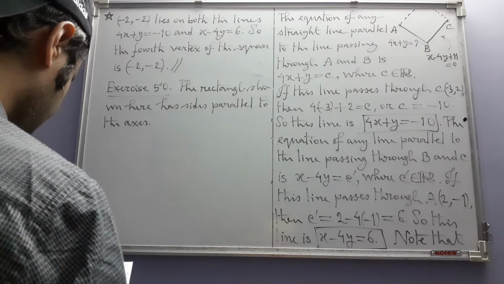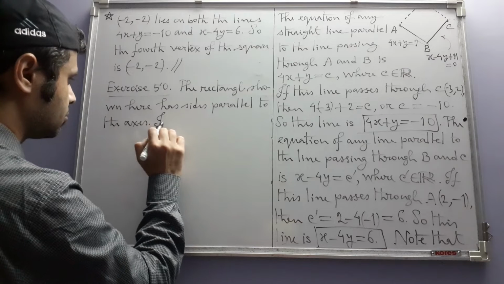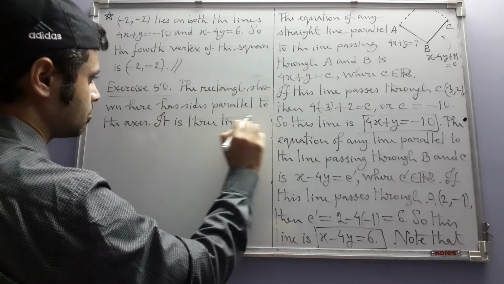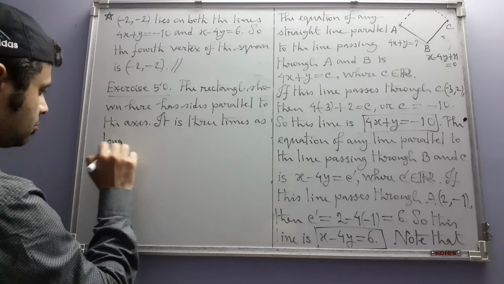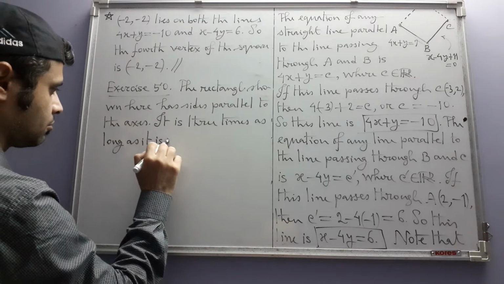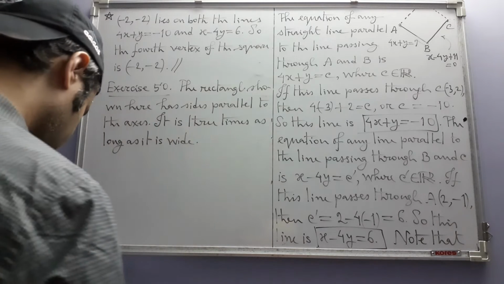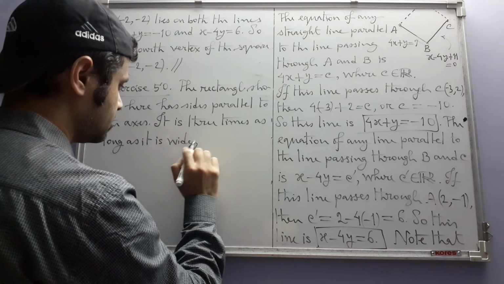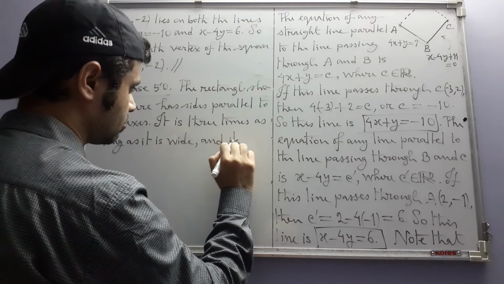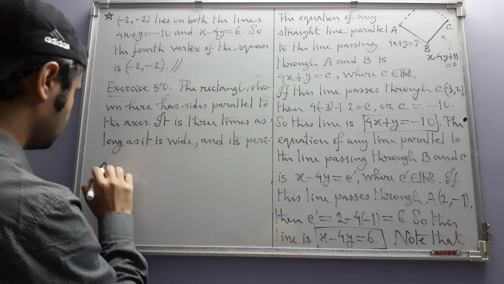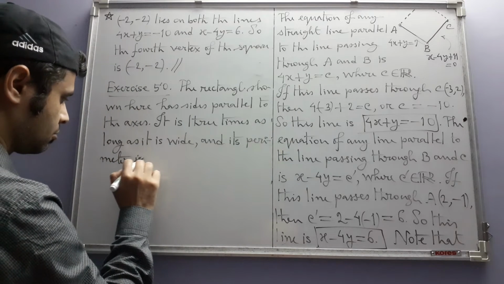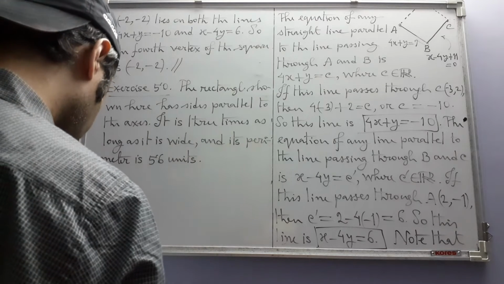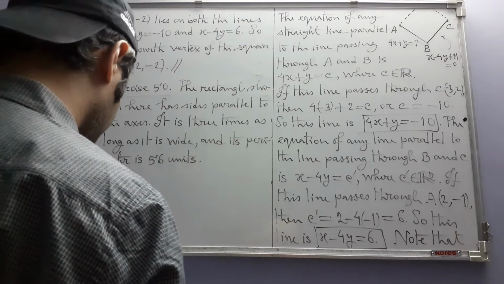It is 3 times as long as it is wide. And its perimeter that is also given is 56 units. Find the coordinates of the vertices A, B and C.